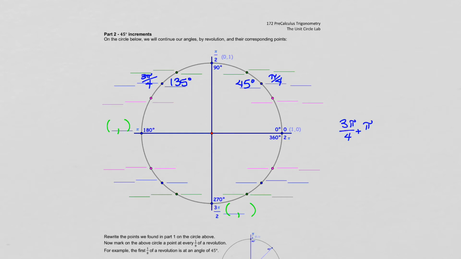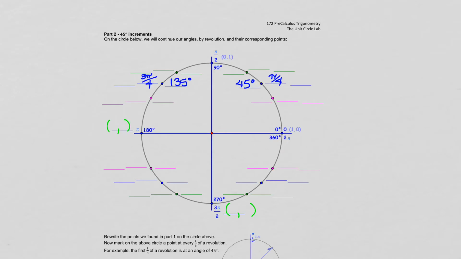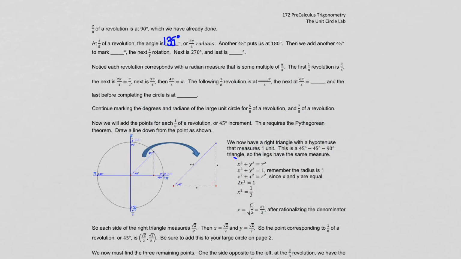You've got to get a common denominator, so that'll be 4 pi over 4, and that'll give you the number that goes right here in radians. Then another pi over 4 gets you here. Add pi over 4 to 3 pi over 2, and that gets you this radian. Okay, so now we've finished the degrees and the radians for every 1/8 rotation.